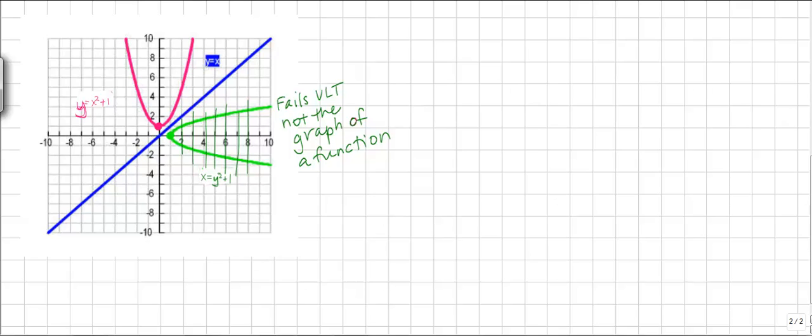With the graph of y equals x squared plus 1, every y, except at the vertex, backs up to two different x's. So that means that when you swap coordinates, every x, except at the vertex, will have two y's, and that's why you fail the vertical line test.